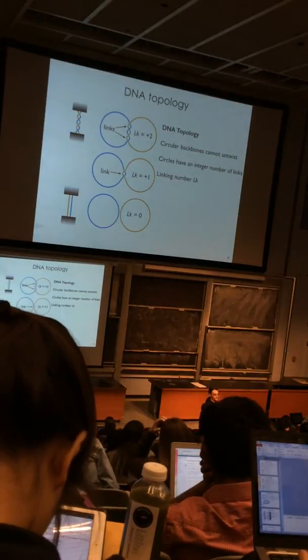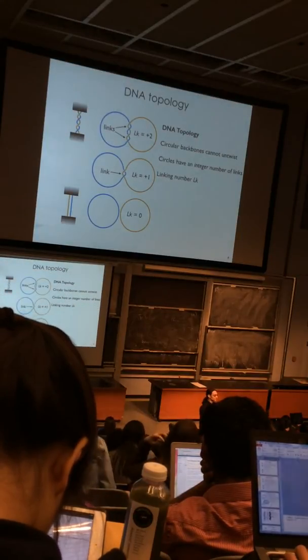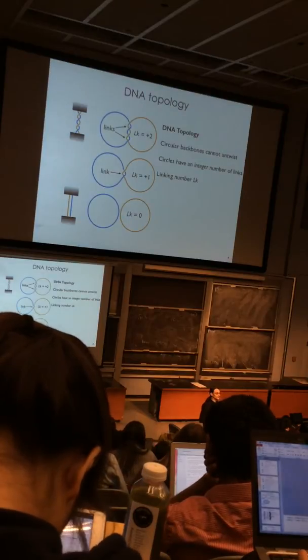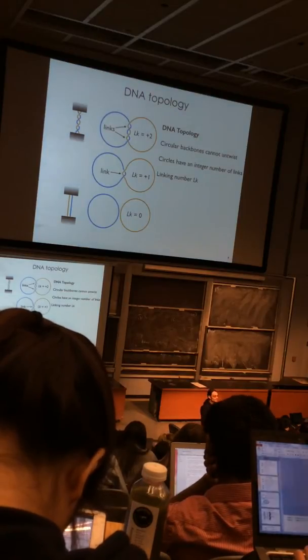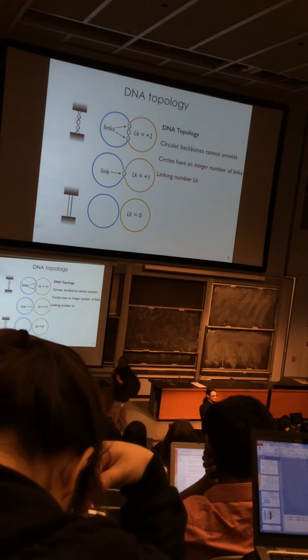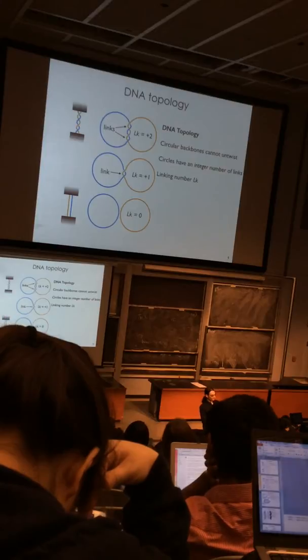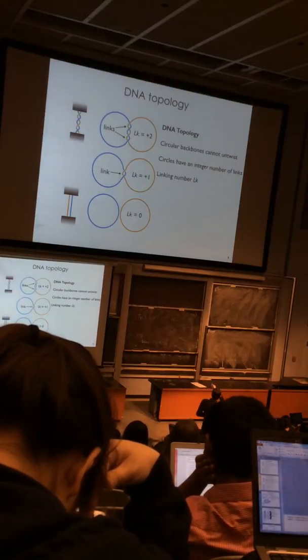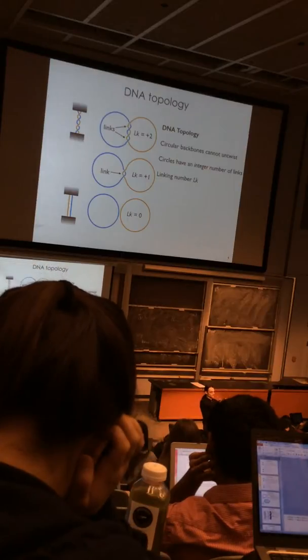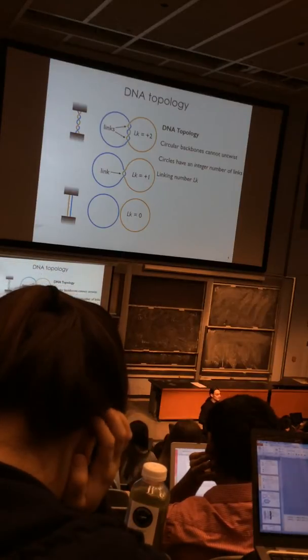So circles always have to have an integer number of links between them. You can have 0 or 1 or 2, and it doesn't make sense to have a half of a link between them. Of course, if you have linear molecules that are partly twisted around each other, you can imagine those things wrapping 1.5 times around each other. But if you had circles, that would leave them pointing off in the opposite direction. They in some way have to cross back around each other.